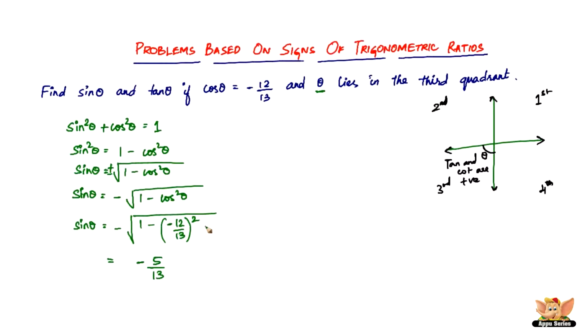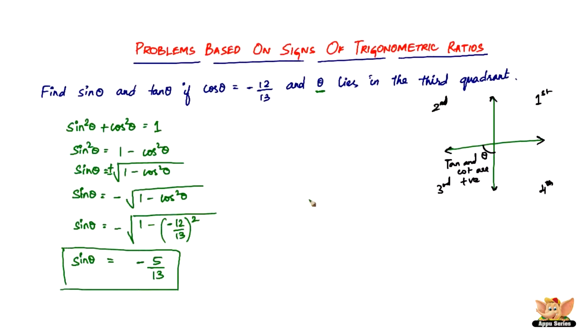If you solve inside, you're going to get 5 by 13, and the negative sign from outside the square root is going to accompany this. So we found the value of sine theta. Sine theta equals minus 5 by 13. And I hope by now you know why it is negative 5 by 13, because theta lies in the third quadrant and the sign of sine theta in the third quadrant is negative.